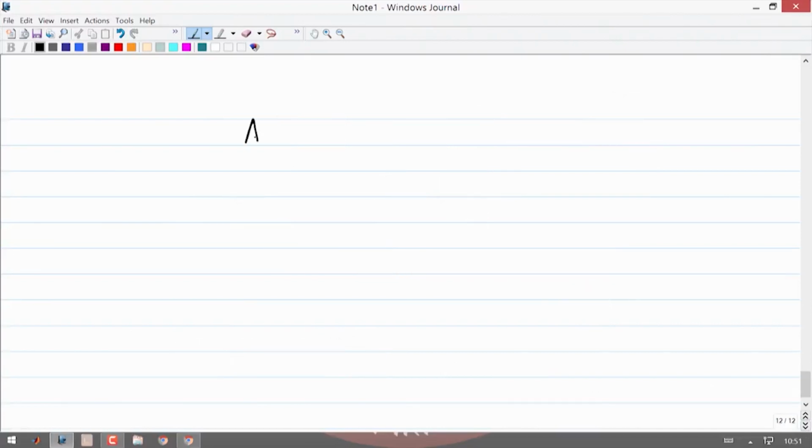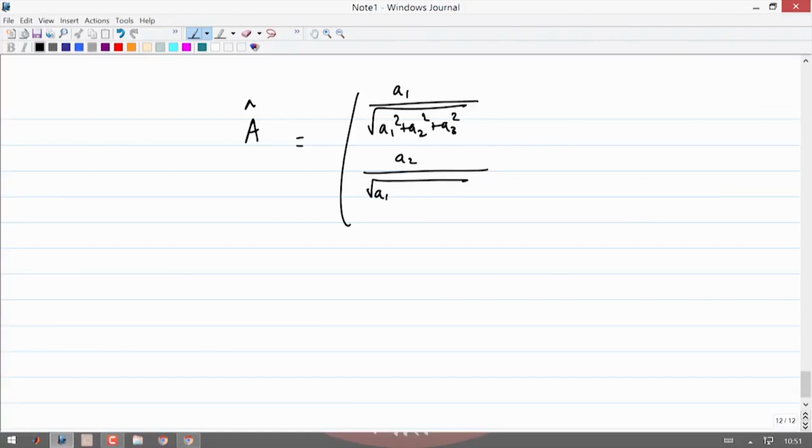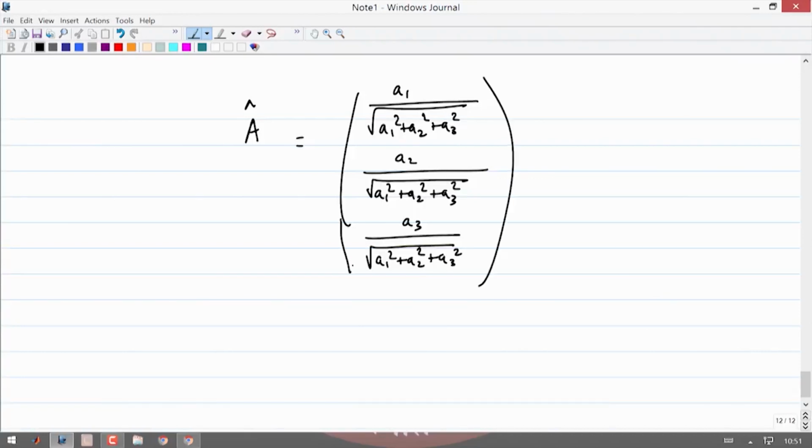So, that is the unit vector with magnitude 1 in the direction of A.